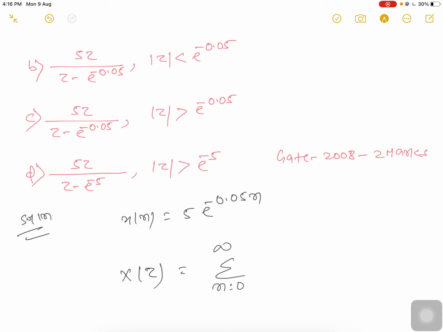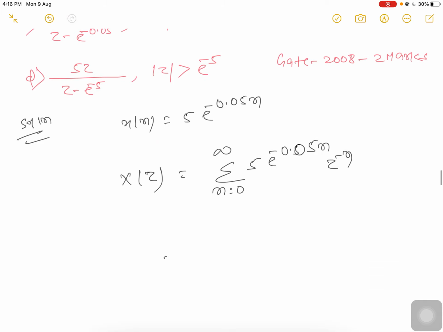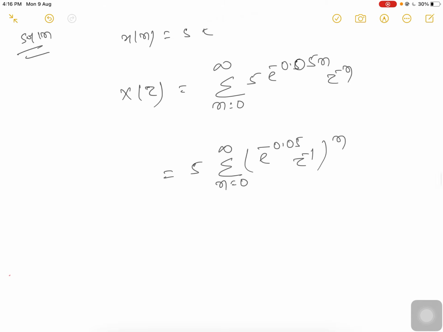Xz is equal to summation of n from 0 to infinity 5 e to minus 0.05 n and z to the power minus n. Then it will be 5 times the summation of n from 0 to infinity of e to minus 0.05 and z to the power minus 1, whole power n. And when you take all the things, then the region of convergence will be determined by the common ratio.